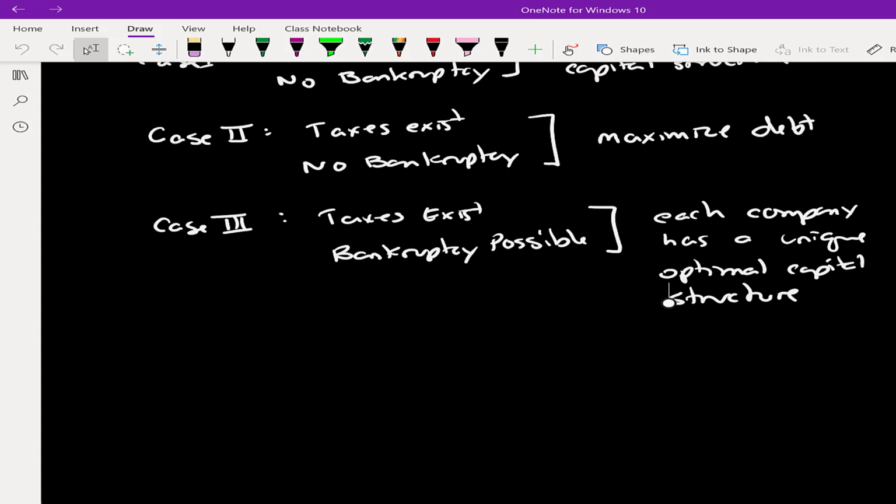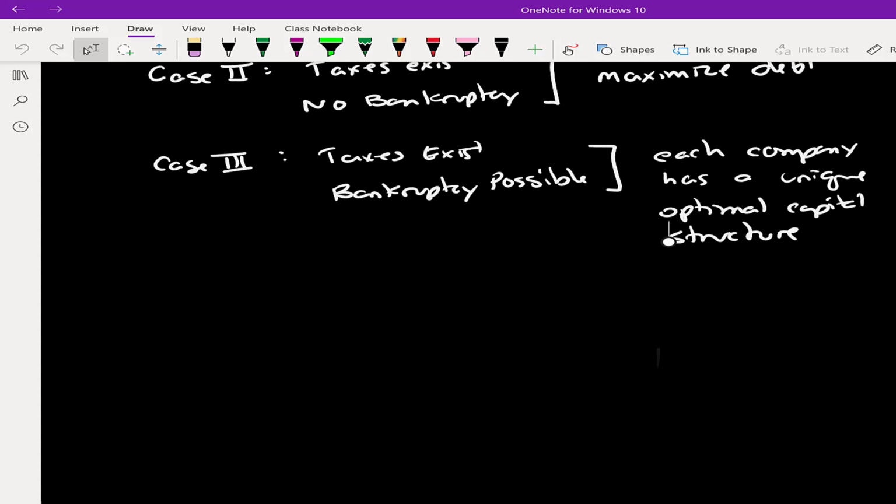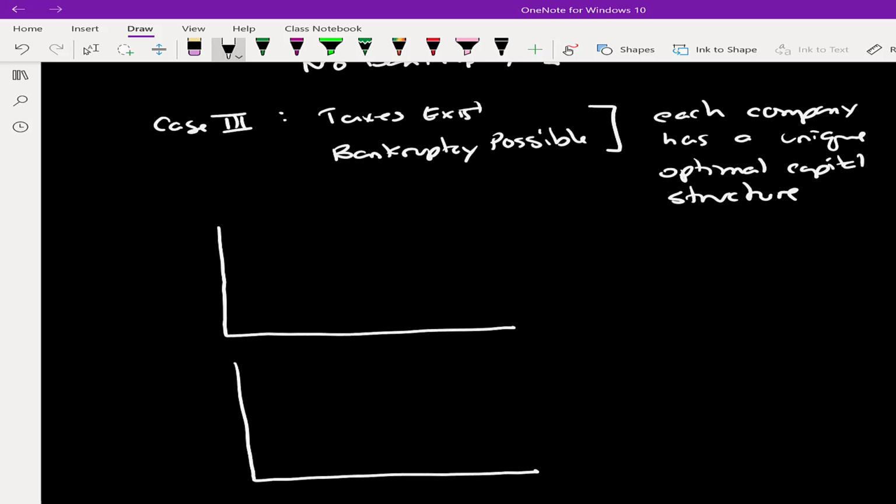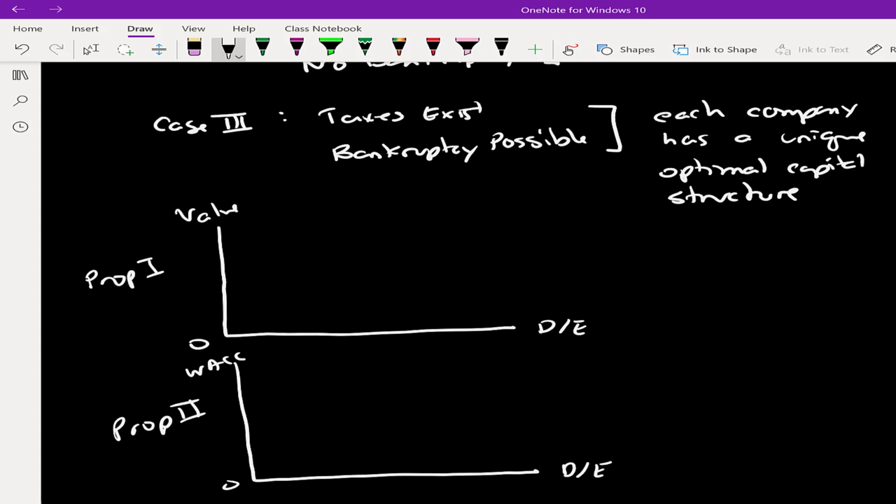Essentially the way they illustrate this is if we look at the 2 charts for the M&M model. I'll draw one on top of the other, and the top chart is value and the bottom chart is the cost of capital. The horizontal axis in both cases is the debt to equity ratio. So this is proposition 1. This is proposition 2, if you want to use the terminology of the model.